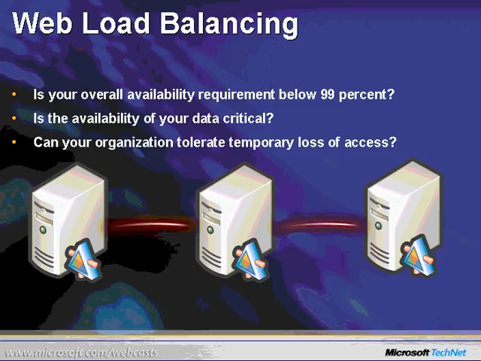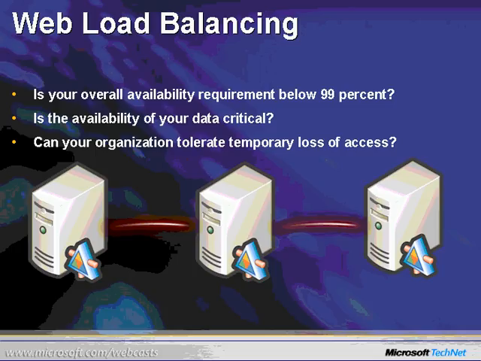Now, most organizations are going to require some redundancy at the front end, or the WFE, the web front end tier. And there's times when you should consider a three-tier or a three-server farm, with one server running the role of the web front end. And then in order to decide if your organization requires that redundancy at the web front end, you need to ask the following questions. First of all, is availability a big requirement?